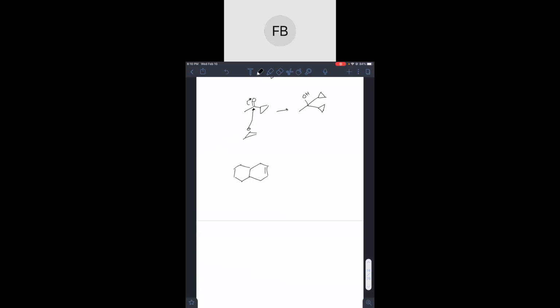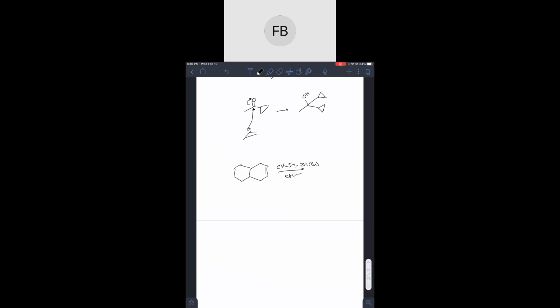All right. So in this situation, we're reacting this with something. What's the situation here? I don't really remember this solvent, to be honest.